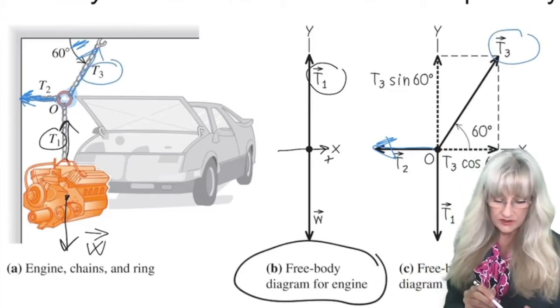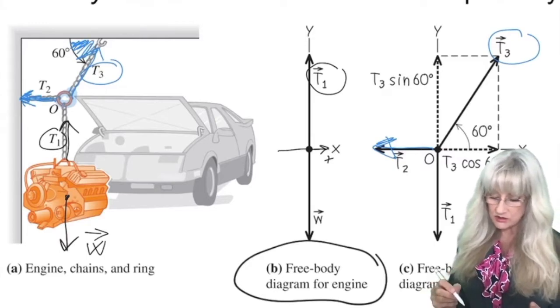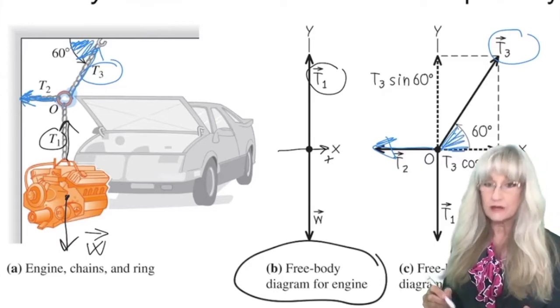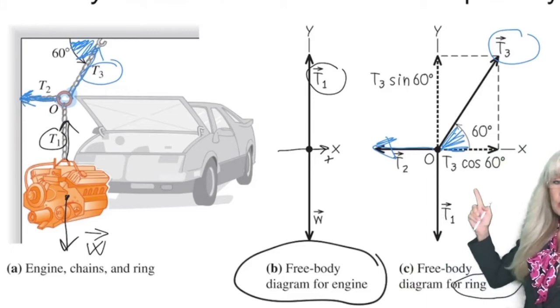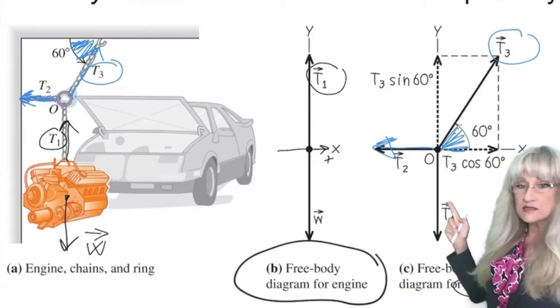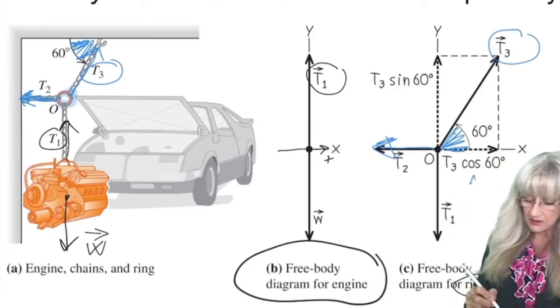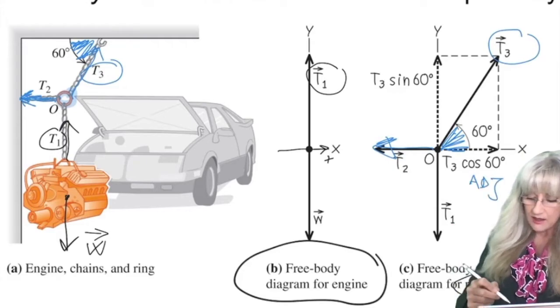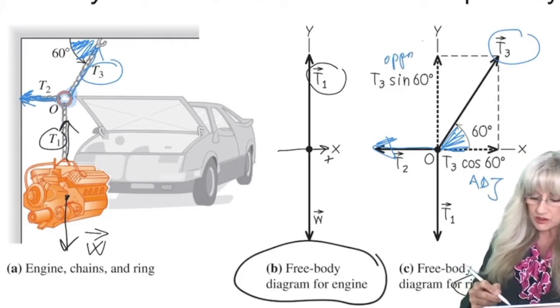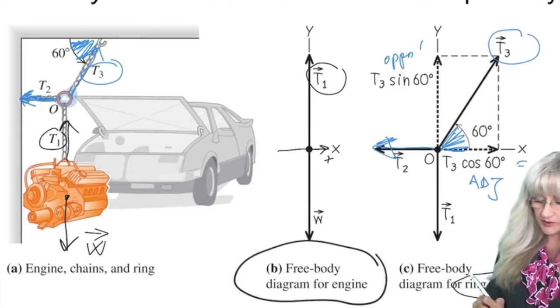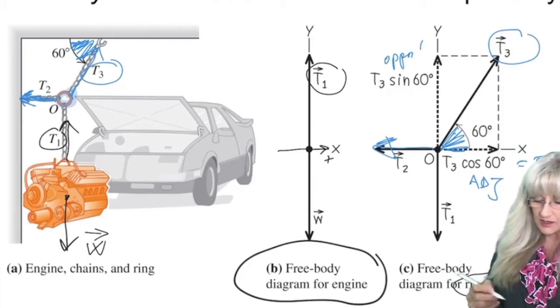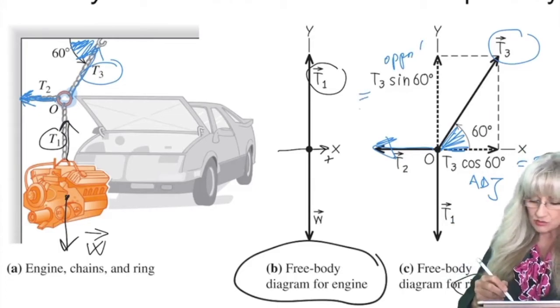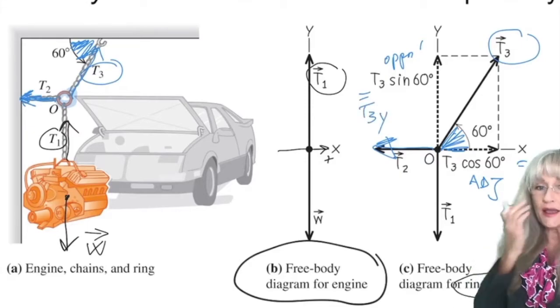If this is a 60 angle, this will be also 60. So T3 has a component where the cosine will be adjacent and the sine will be opposite. And of course, this will be T3 on the x-axis, and this one will be T3 on the y-axis.